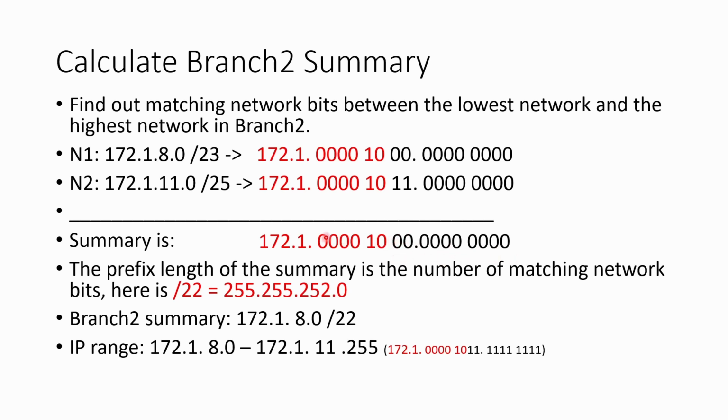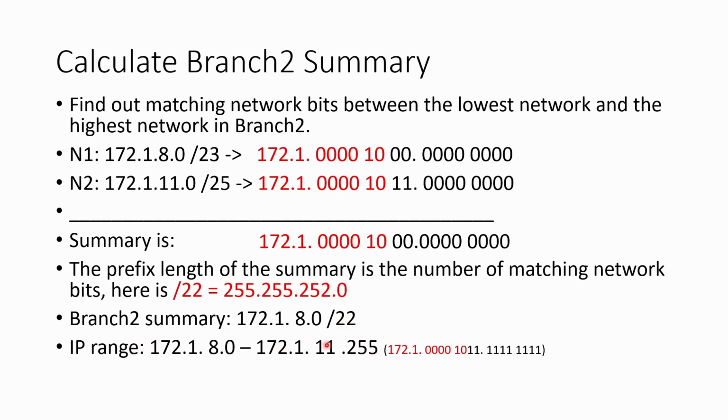That gives us the 3rd octet here. That is 11. And the last octet, 255. So that also gives us the picture. Next available network range is 172.1.12.0/22 available.